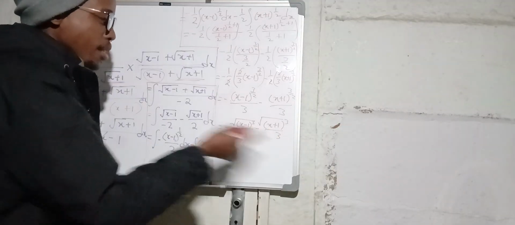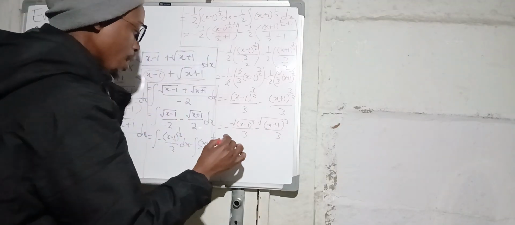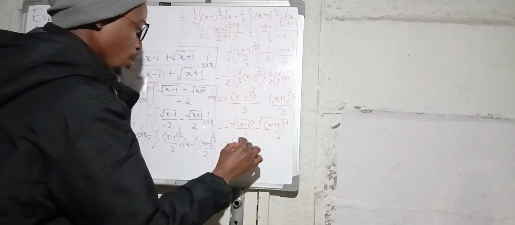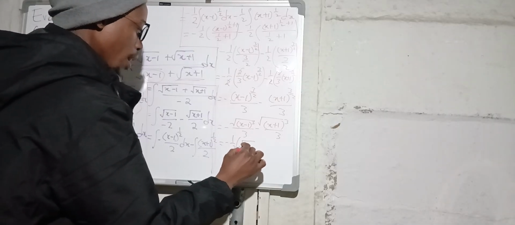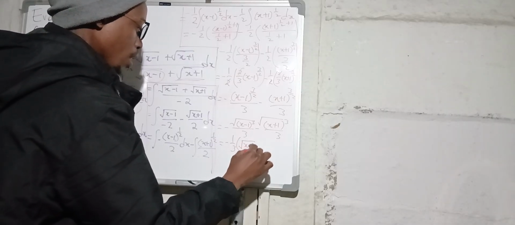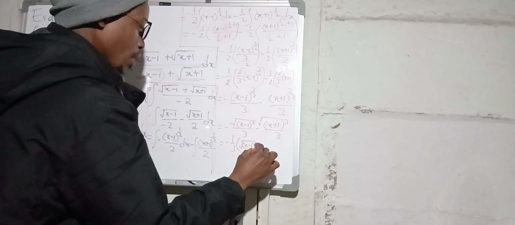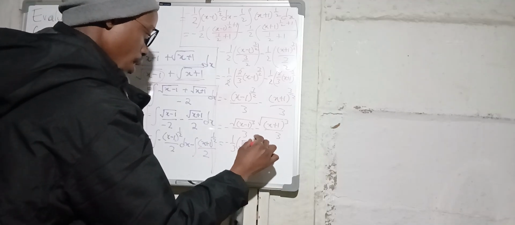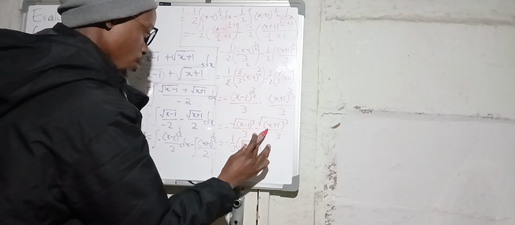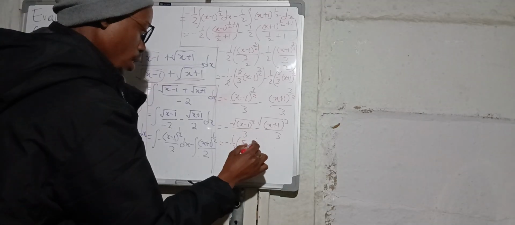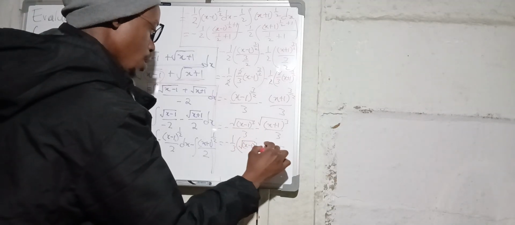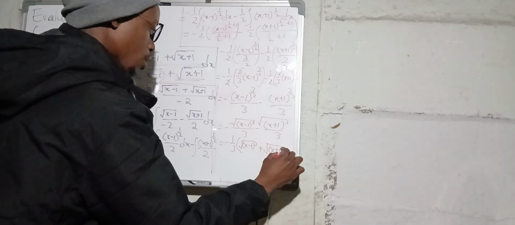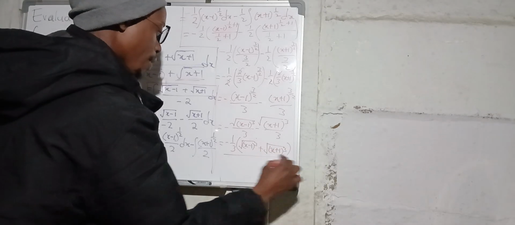And then lastly, I can just take out the negative 1 over 3 and have minus 1 over 3 into the square root of (x minus 1) cubed. And then I'll put a plus because I've removed the negative. And then plus the square root of (x plus 1) cubed. And this becomes my final answer.